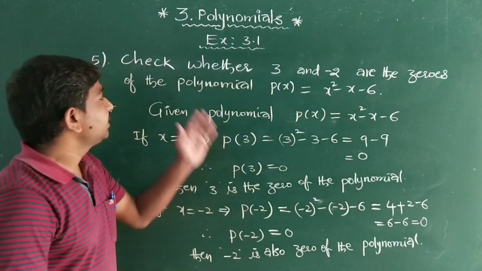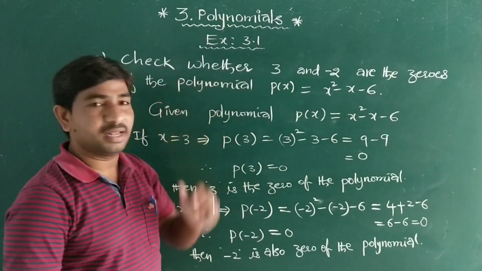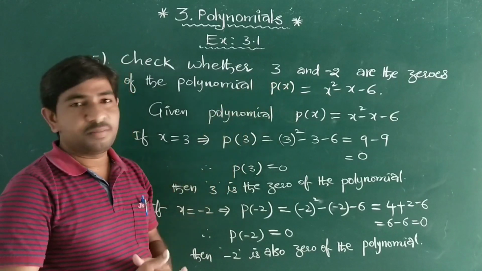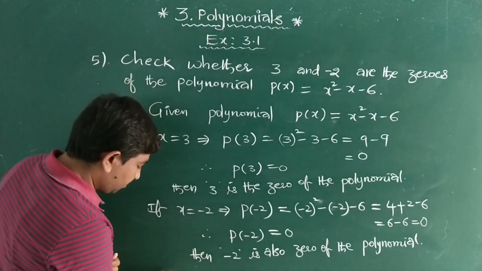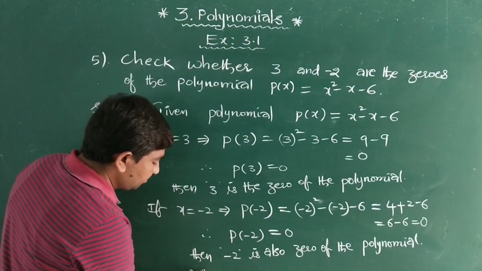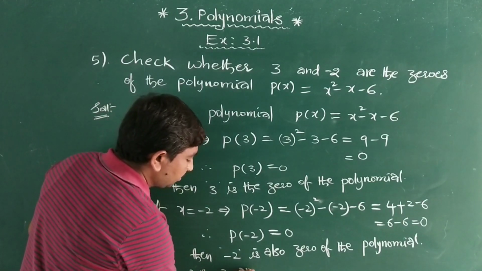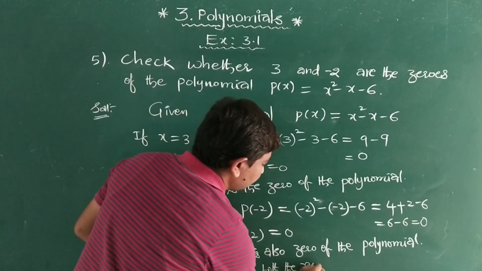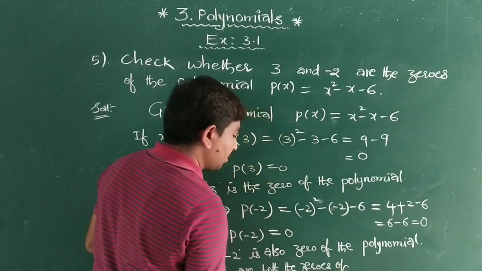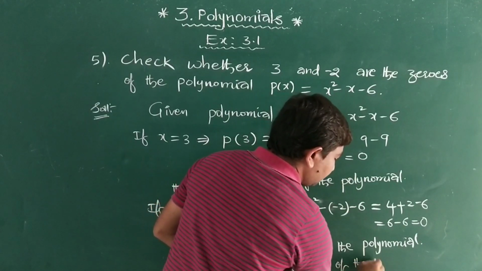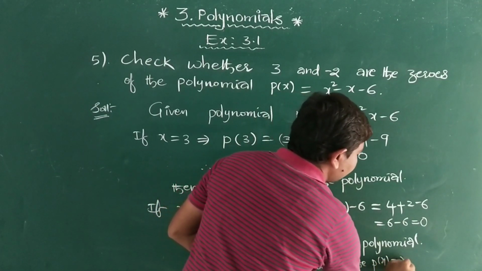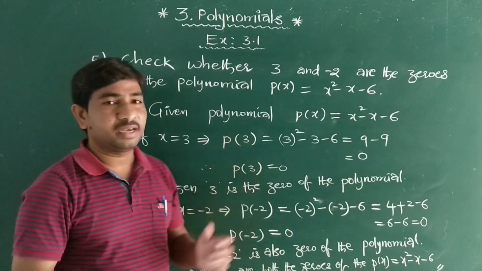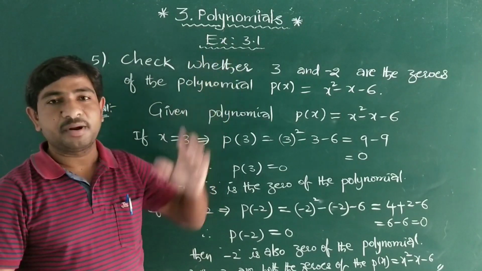So 3 and minus 2 both are the zeros of the polynomial p of x equals x square minus x minus 6. So this is the solution for the fifth problem of exercise 3.1.